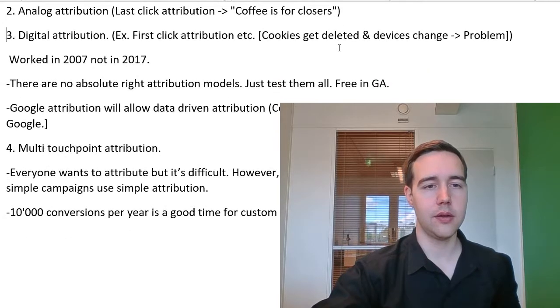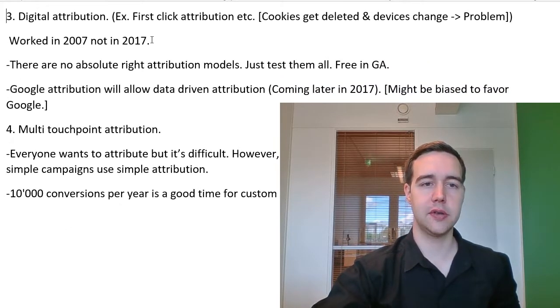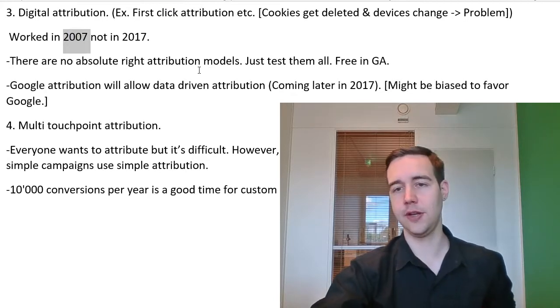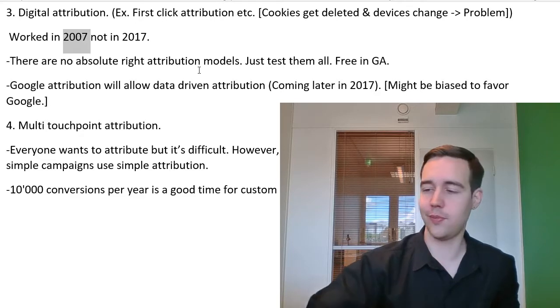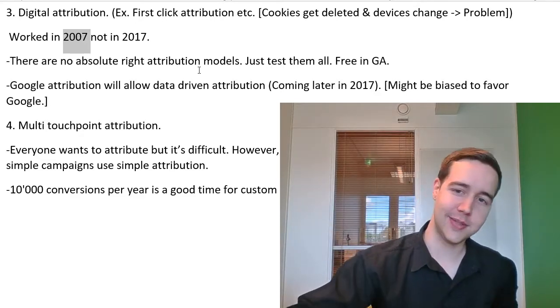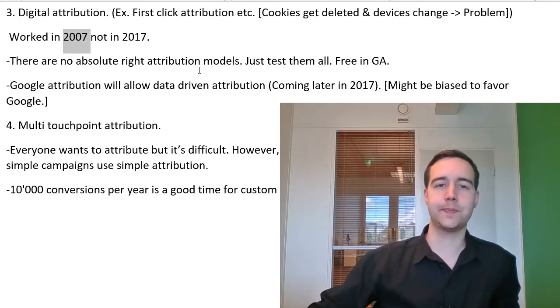Then there's the so-called digital attribution. So this could be a custom model, for example, a first-click attribution. Now, this worked in 2007, but it's not so good anymore because people have different devices. You probably have a couple of devices on the desktop right now. If you're watching this on the computer, you probably have a computer, cell phone, maybe a tablet, etc. So we are not shopping on one device anymore.